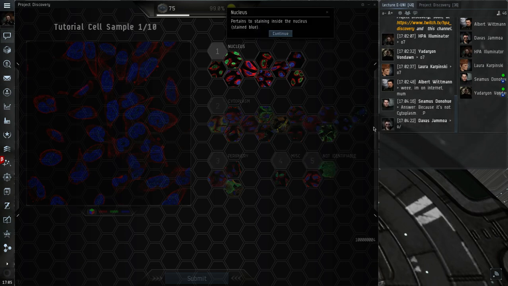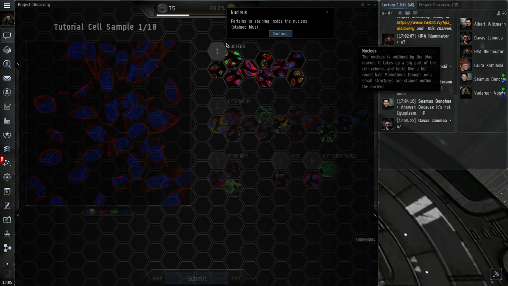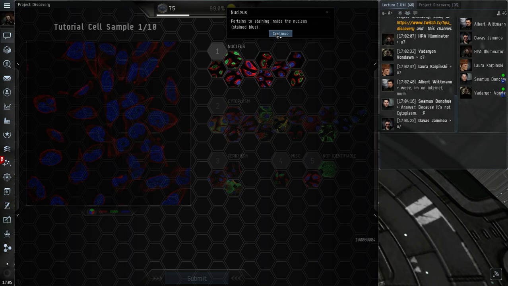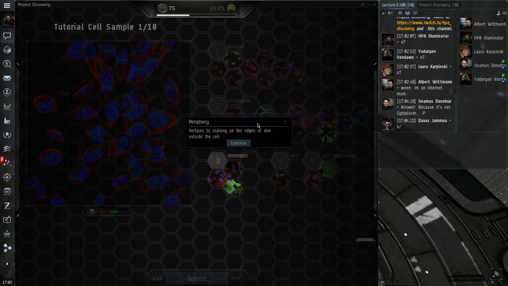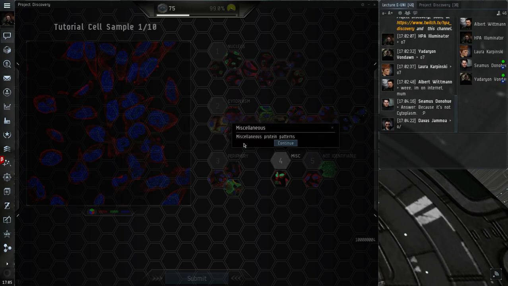The categories are divided into nuclear staining patterns, cytoplasmic staining patterns, periphery, MISC, and NA. So the first category is nucleus, which is whatever you see that is overlapping with the blue, pretty much. The cytoplasmic patterns are green stainings that are overlapping with the red pattern. And the periphery are staining patterns at the edge or outside of the cell.